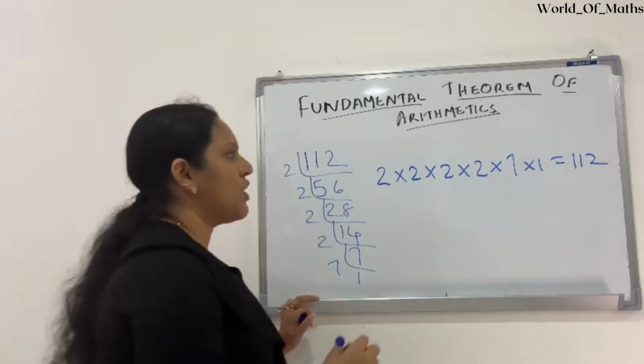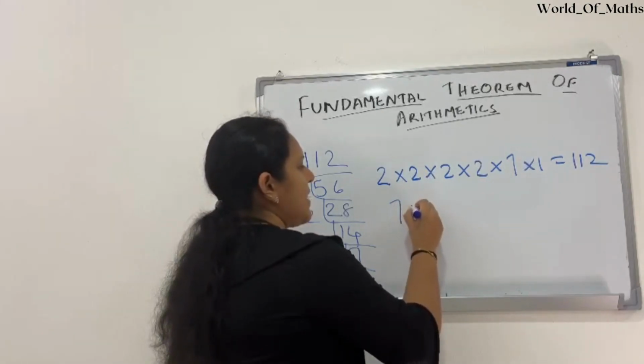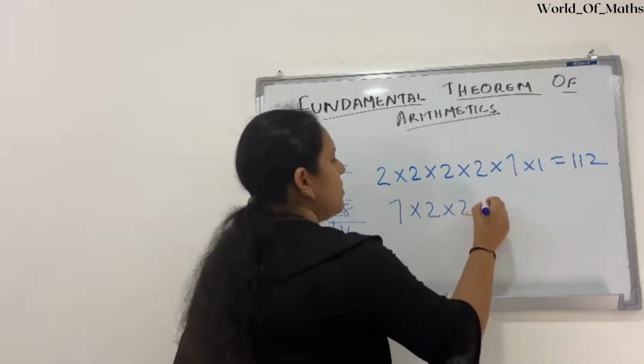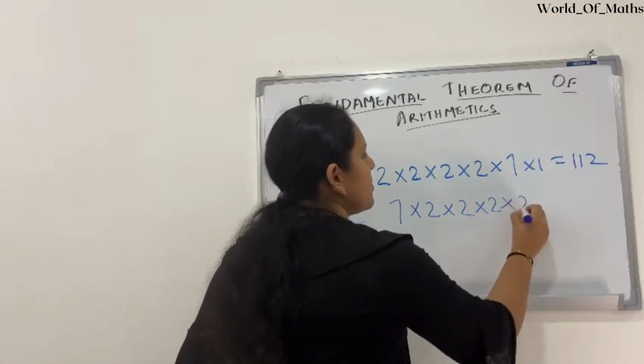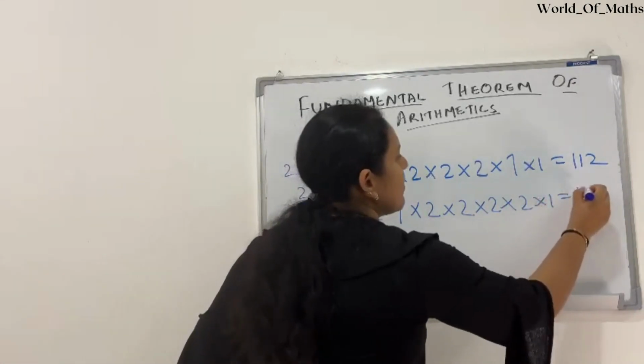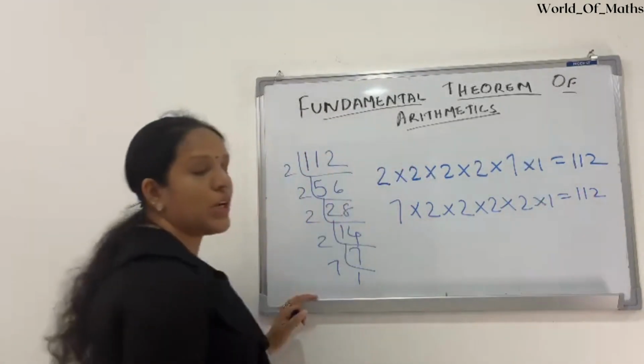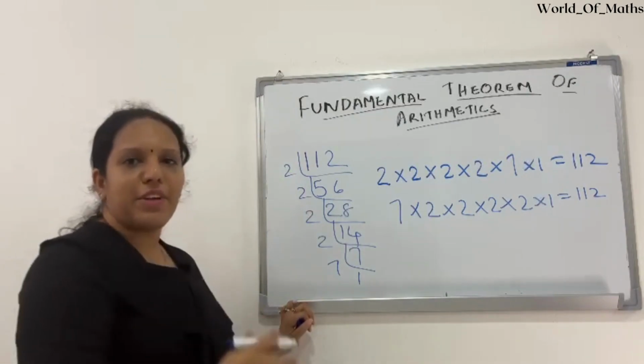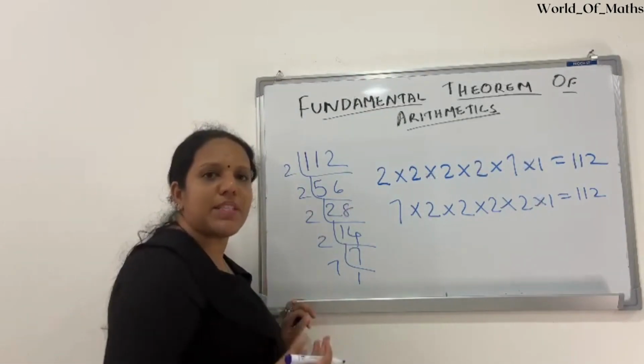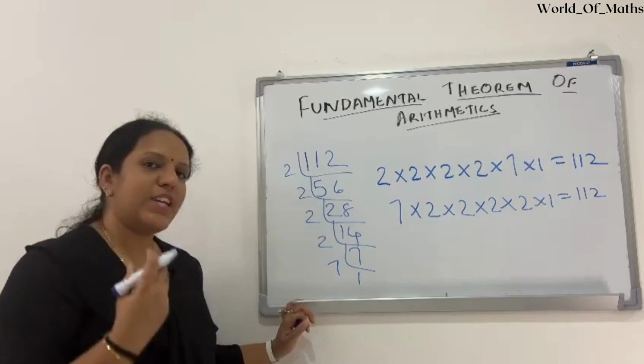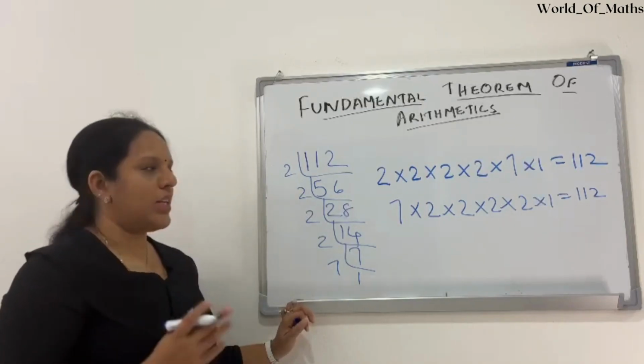Even if we change the order of the factors, like 7 into 2 into 2 into 2 into 2 multiplied by 1, it will also give you 112. So the order doesn't matter. Every composite number can be expressed as a product of prime numbers in a unique way, apart from the order.